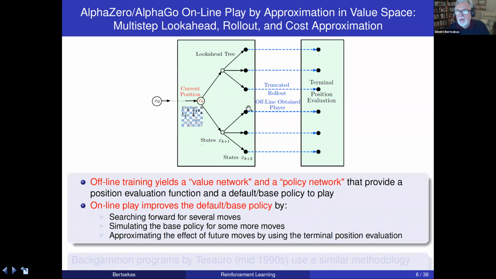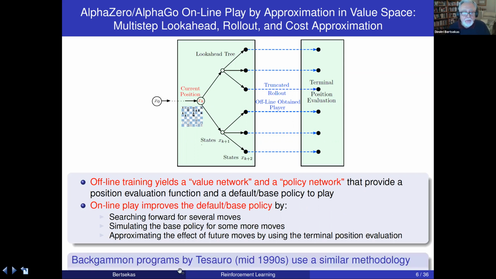Now, the online player plays much better than the base player. That's important to understand. And in fact, it is due to the online play that we rise from a level that's sort of a strong grandmaster level to a phenomenal level of play.